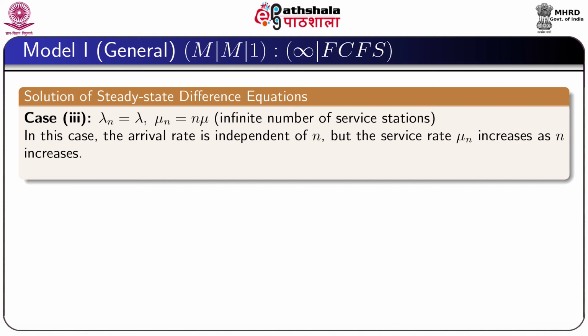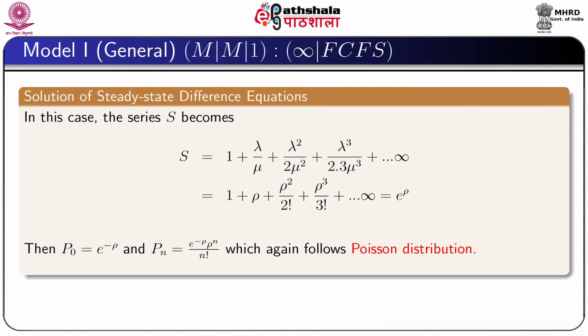Obviously, no queue will be formed in this case, because each arrival will immediately enter the service facility. In this case, the series S becomes S equals 1 plus lambda by mu plus lambda square by 2 mu square plus lambda cube by 2 into 3 into mu cube plus so on to infinity, which is equal to e to the power rho.